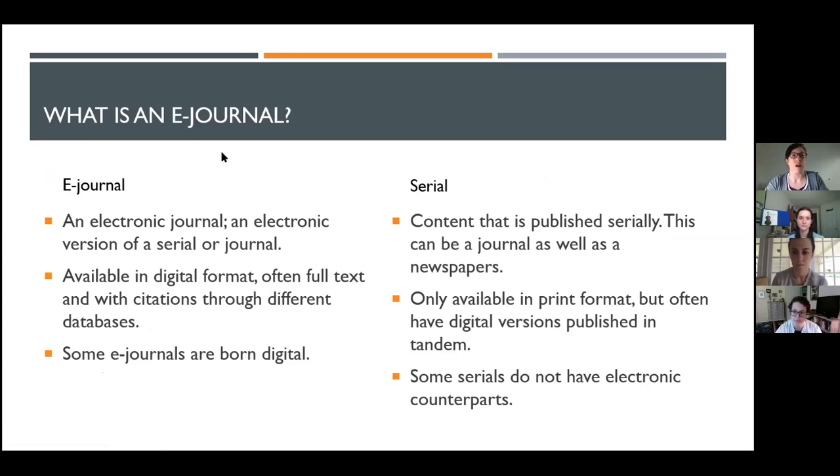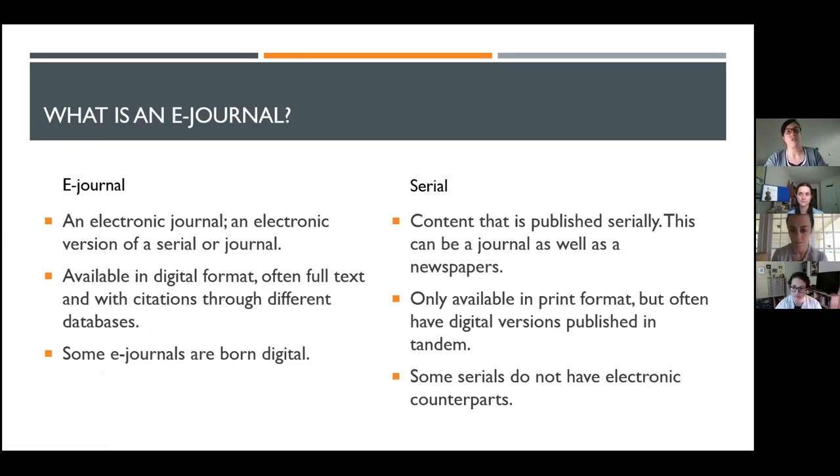What is an e-journal? An e-journal is an electronic journal. It's an electronic resource or a version of a serial or a journal. It's available in a digital format, often full text and with citations through different databases. Some e-journals are even born digital, which means that they were created for a digital format and are not versions of print materials.